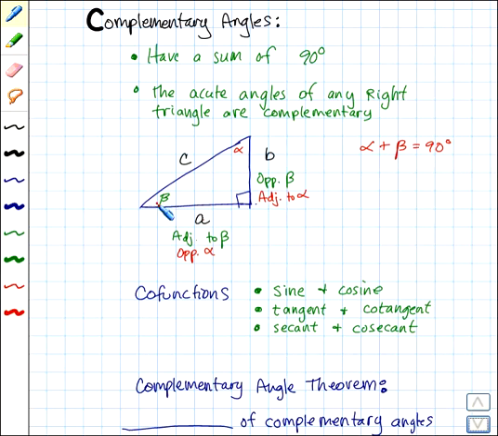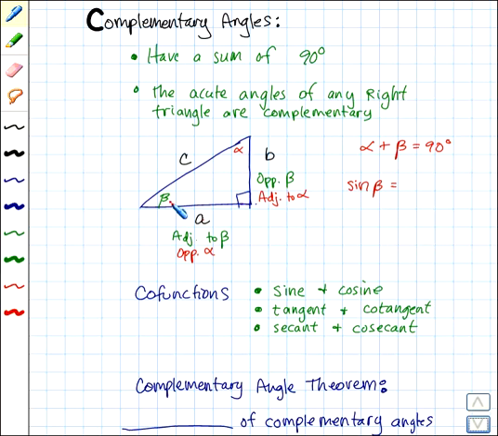Now, if we label this diagram, first, if we label the sides with respect to beta, we see that side A is adjacent to beta, and side B is opposite beta. Now, if we label the sides with respect to alpha, we have side B is adjacent to alpha, and side A is opposite alpha. So look what happens if we look at the sine of beta.